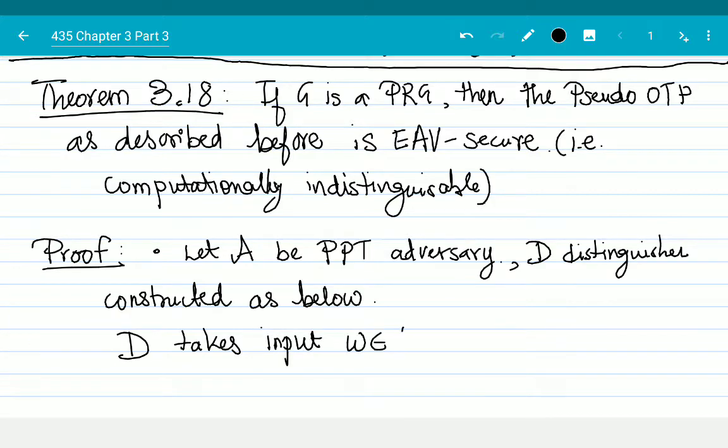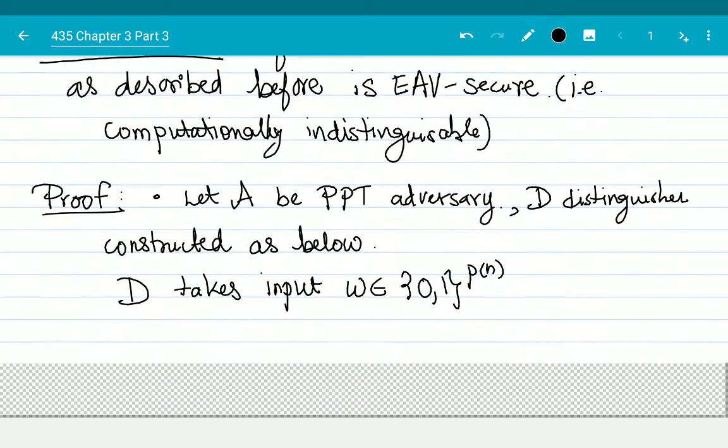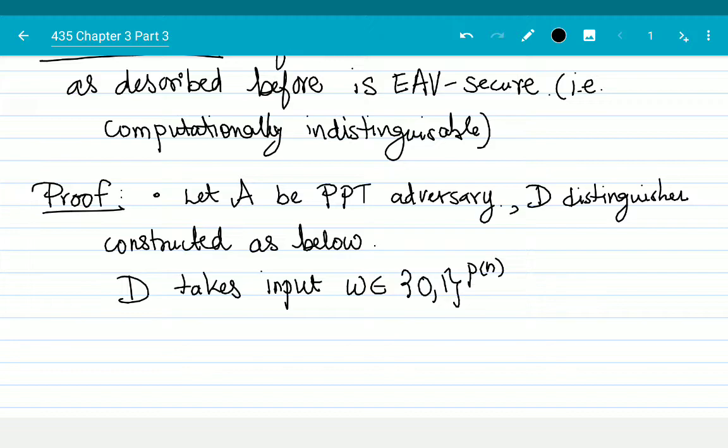W, which is a string in {0,1}^p(n), that we have from the pseudorandom generator, where n goes to p(n).